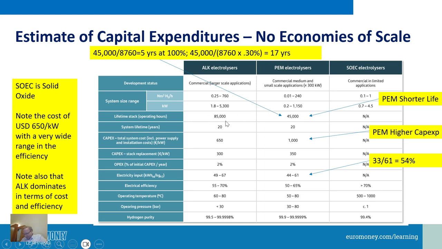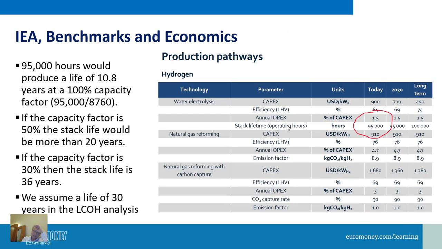If we're operating at 30% capacity factor, we're not going to have to replace the stack, and the life of the stack might be a lot more. So stop, like me, worrying about this. Even for 45,000, if the capacity factor is, let's say, 30%, you're going to be able to operate for a long time.